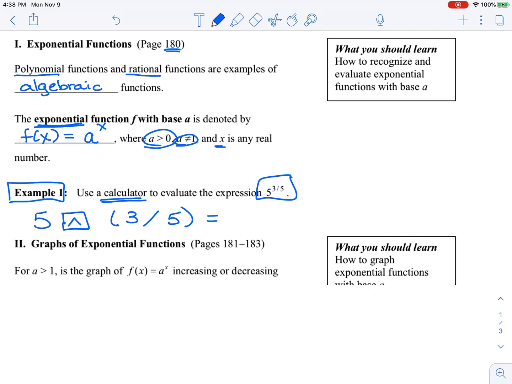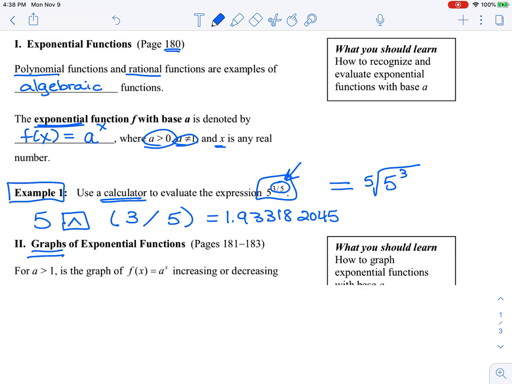If I do that in my calculator, I get approximately 2.6265. Remember, a fractional exponent like this looks like 5 to the third, all under the fifth root. These are equivalent, but I want to make sure that you know that this is an exponential function, a function with a variable exponent.